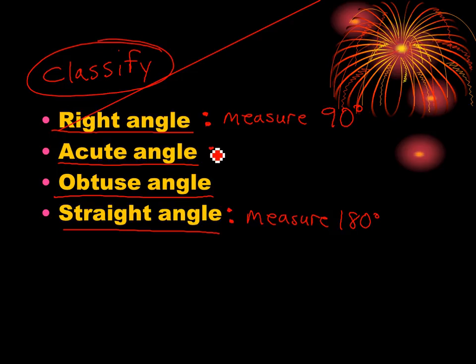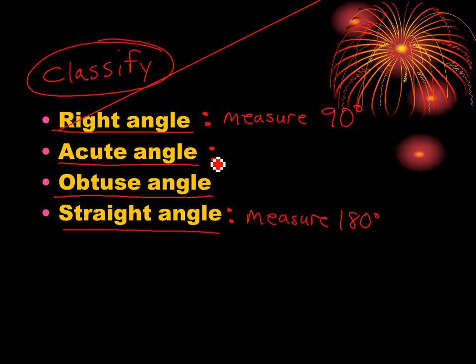Anybody know what an acute angle is? Something smaller than 90 degrees. That's the definition that Levi learned from some teacher in the past. And they didn't tell you the complete truth, Levi. Because that's not completely right.